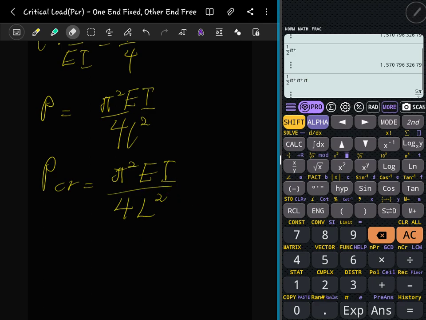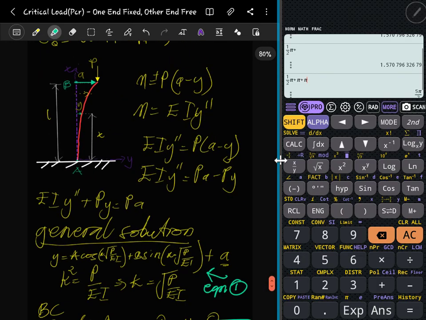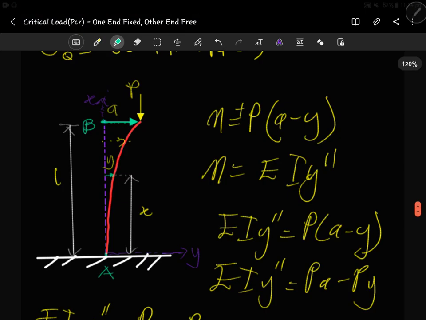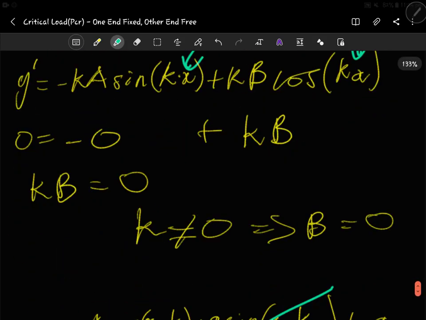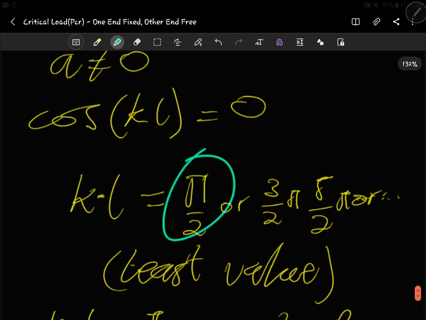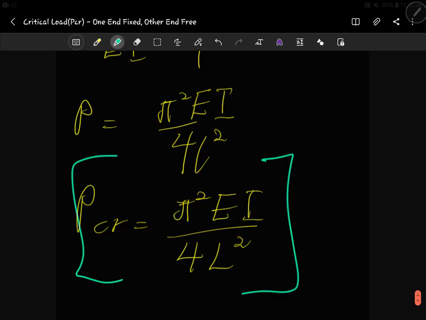So that's the equation we have for the critical load for a column with the end conditions being one end fixed, which is at A, and the other end free at B. So there's a column, we're trying to find the critical load, and we went through all this to find this equation, which is the critical load equation for a column with one end fixed and the other end free.